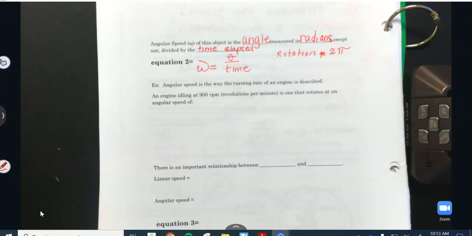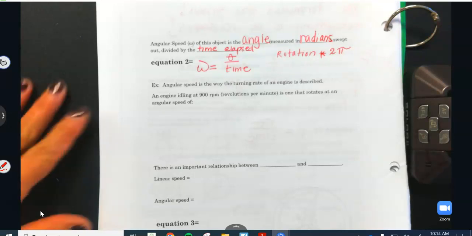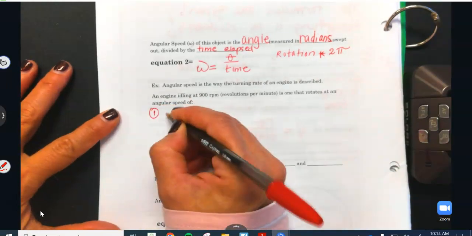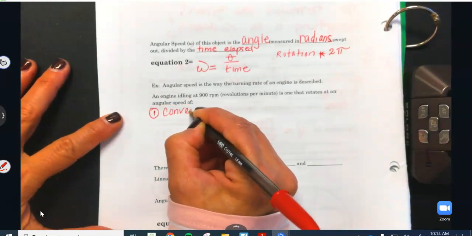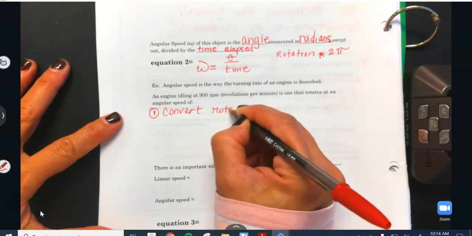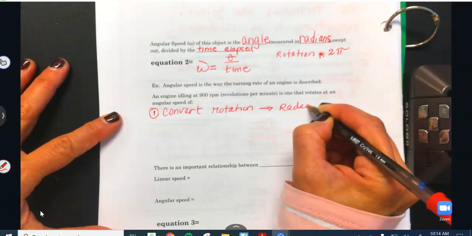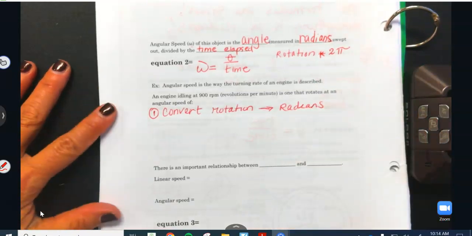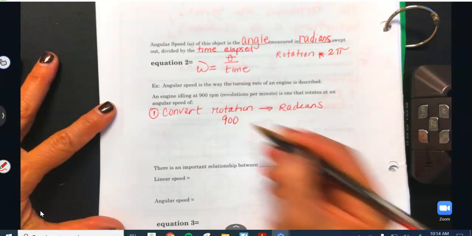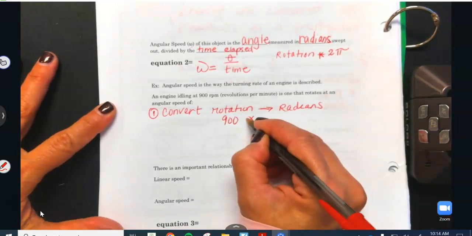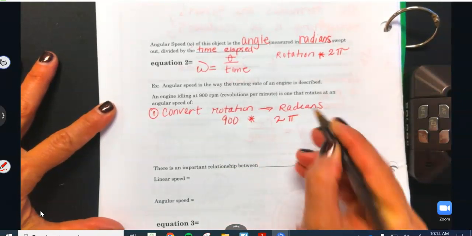Okay, so an engine idling at 900 revolutions per minute is one that rotates at an angular speed of, let's figure that out. All right, so the first thing we're going to do is convert the rotation to radians. How many rotations do we have? 900. Let's do 900 times 2 pi.